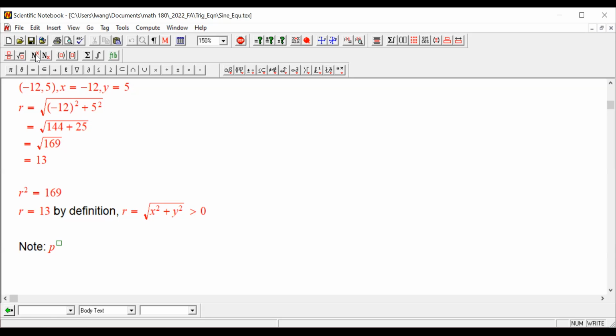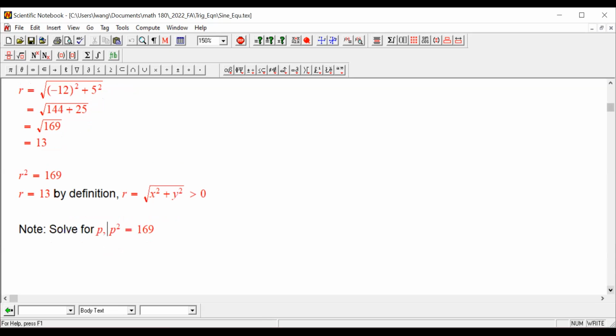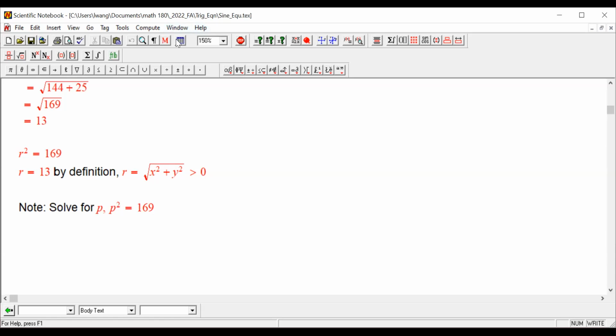Suppose p squared equals 169, and you don't know what p is. Suppose you solve for p. If your solution is p equals 13, you are going to be in trouble. Okay, so let me explain why.